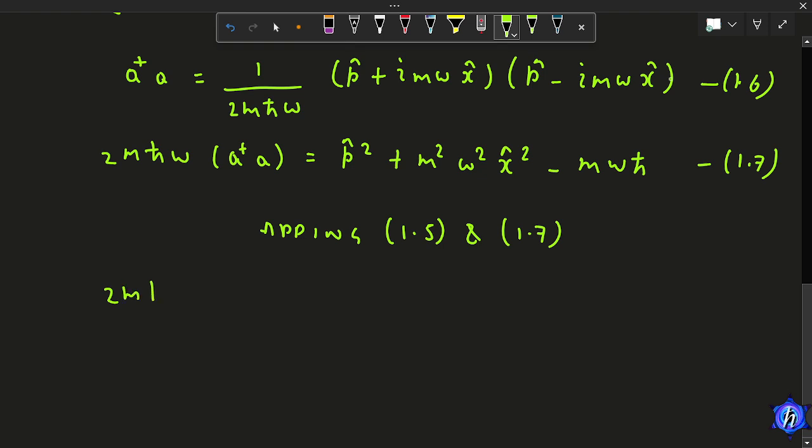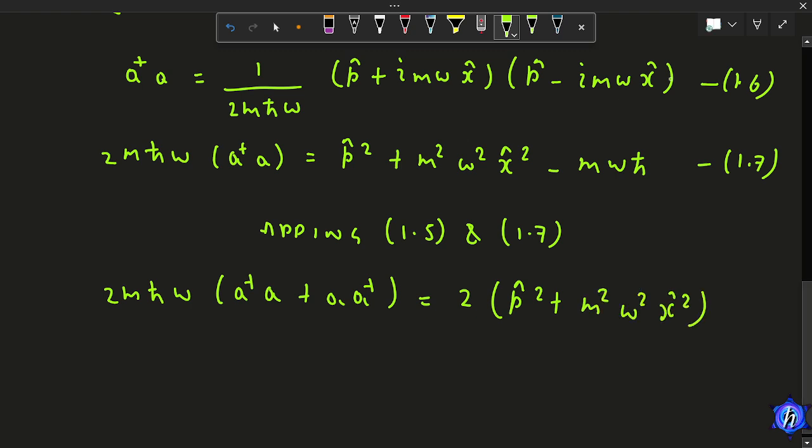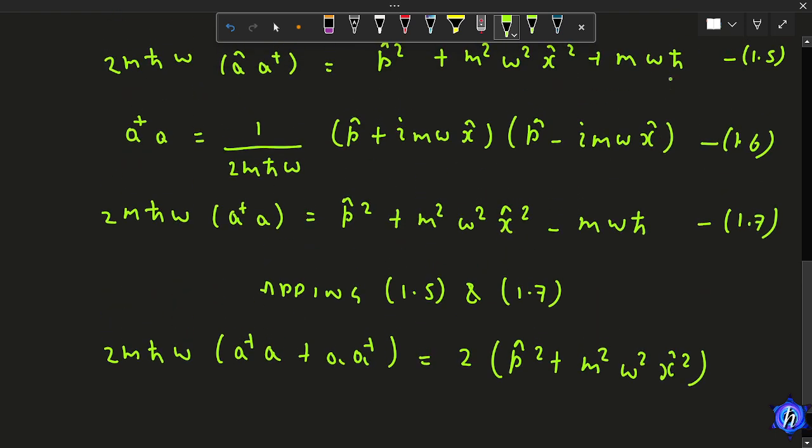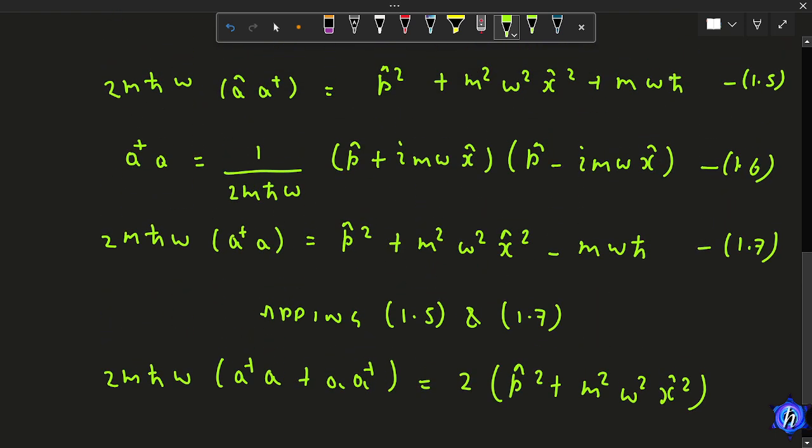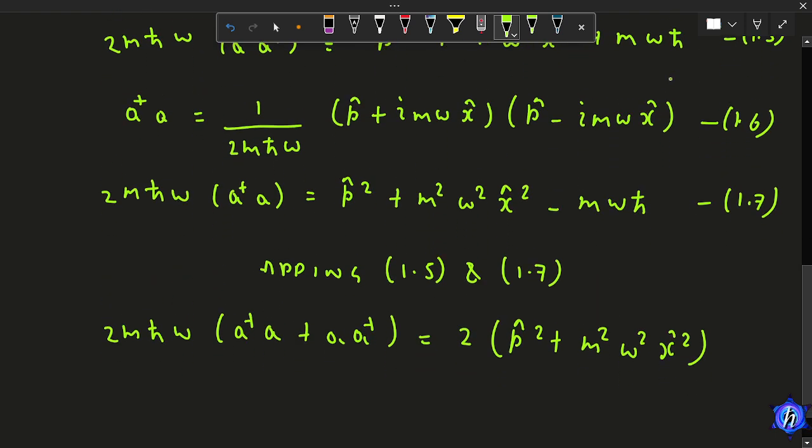I will get a a dagger plus a dagger a, which gives me 2p cap square plus 2m square omega square x cap square. Since one term is minus m omega h cross and the other is plus m omega h cross, they both cancel out.